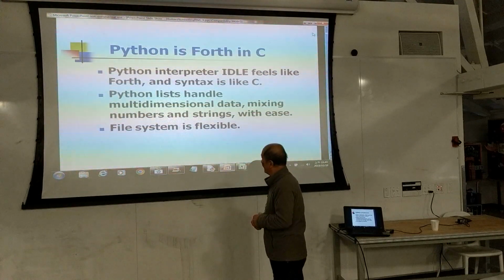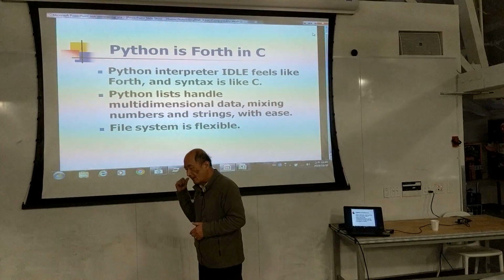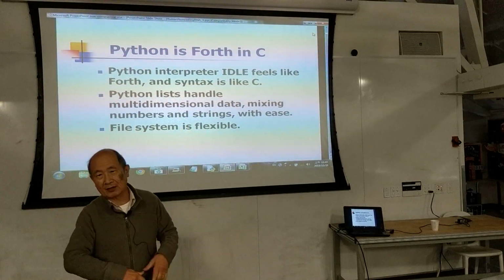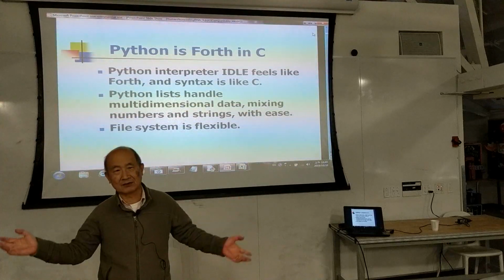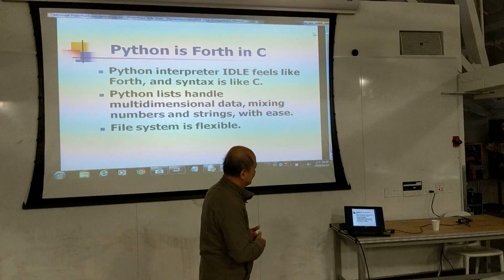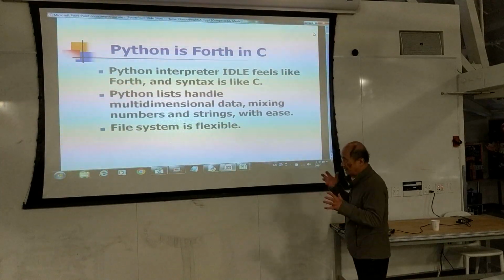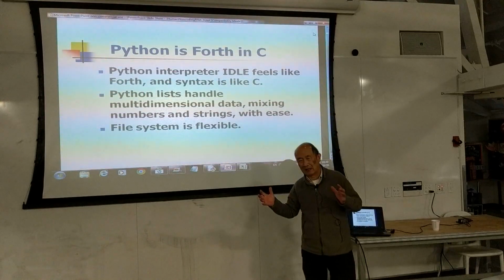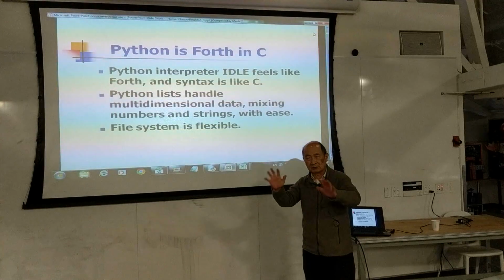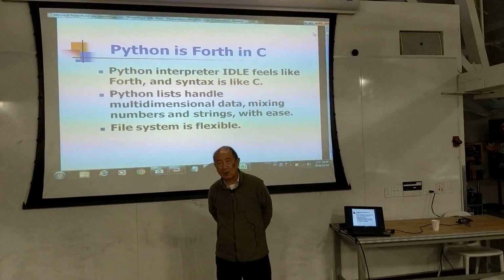And the file system is also extremely flexible. You can open up lots of files. You can write things out, and you can read things back and do all kinds of things. So the file system is very important if you have a complicated analysis. Sometimes you don't want to have everything in memory, so part of it you can write out.